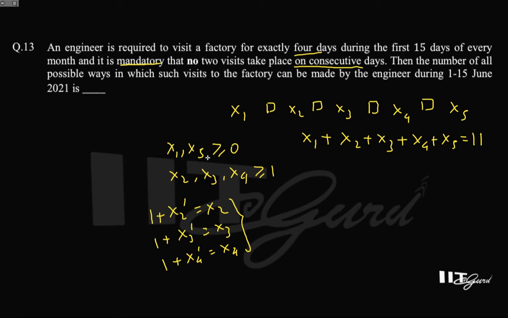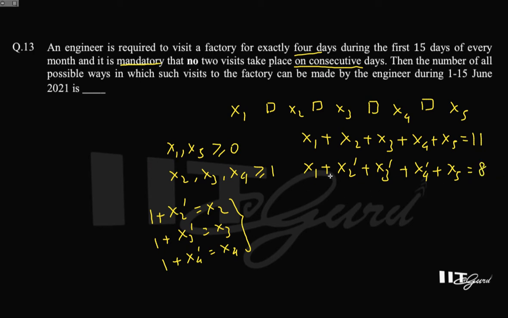The conditions for this equation are that x1 and x5 are greater than or equal to 0, but these three variables are greater than or equal to 1. So x1 + x2' + x3' + x4' + x5 equals 11 minus 3, that is 8.